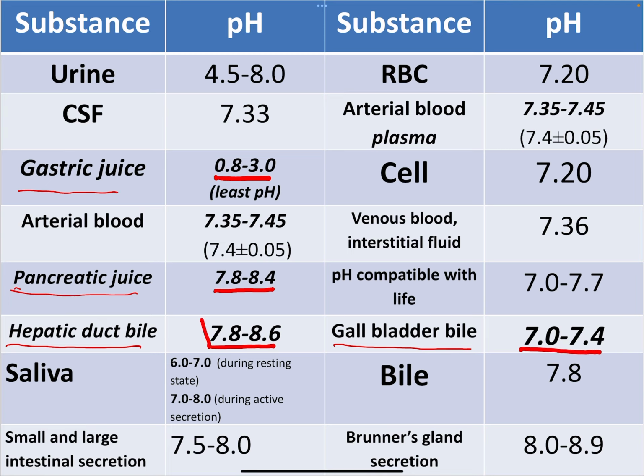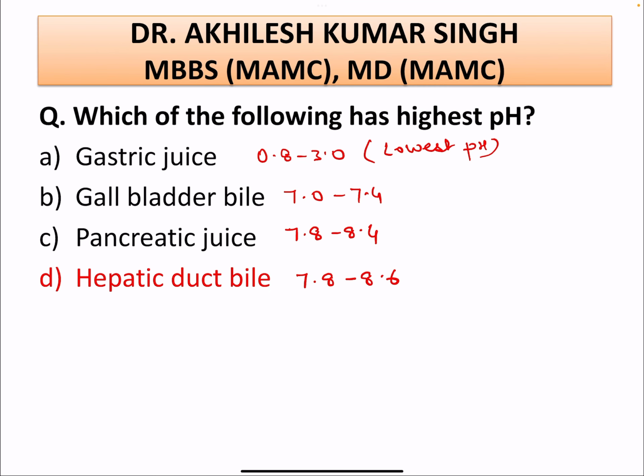So our answer here will be 7.8 to 8.6, that is the hepatic duct bile. Remember, in this question the Brunner's gland secretion is not given. If that were an option, then we would have to go for that one.